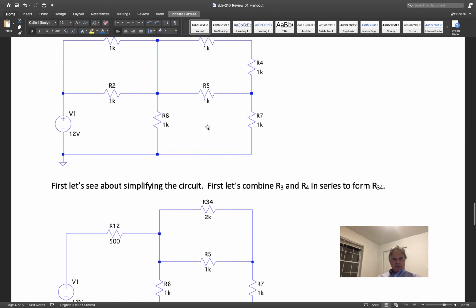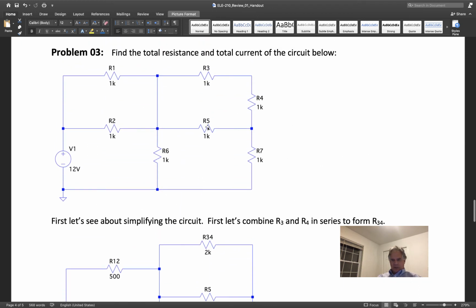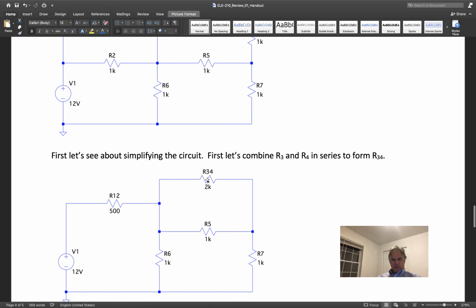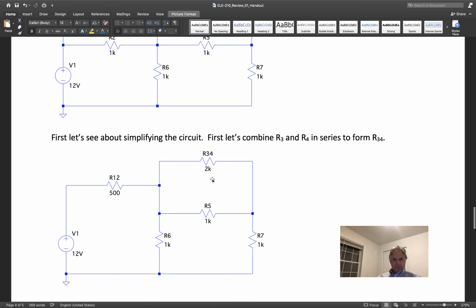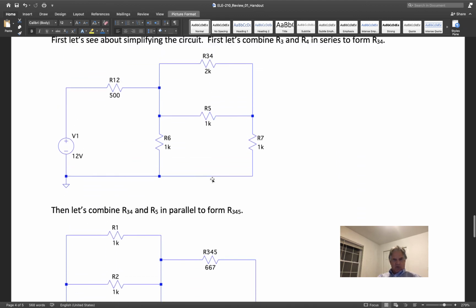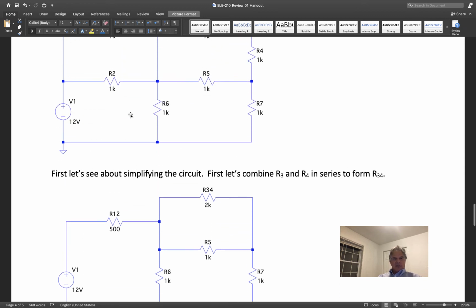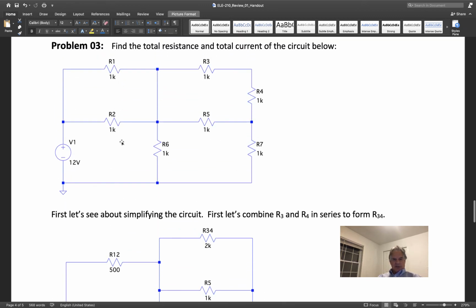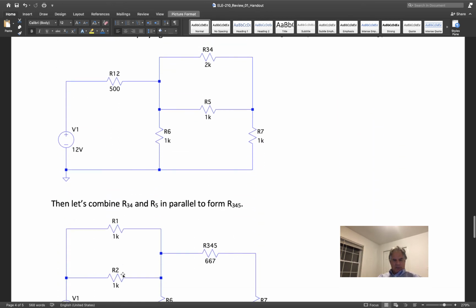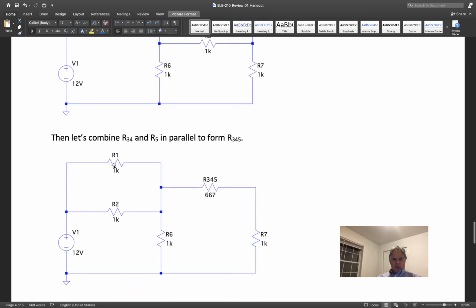Wait a minute. Yes. We combine those to be 2K. It looks like I jumped the gun with this picture and combined R1 and R2 that are 1K in parallel and called them 500 ohms. Then I went back here and made them 1K. Again, I'm so sorry for that.